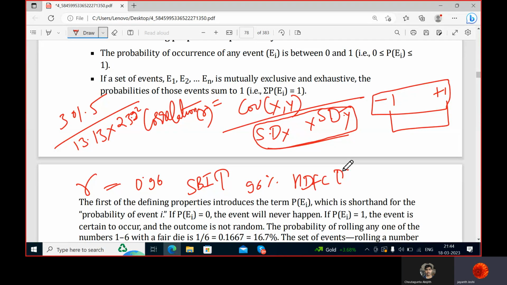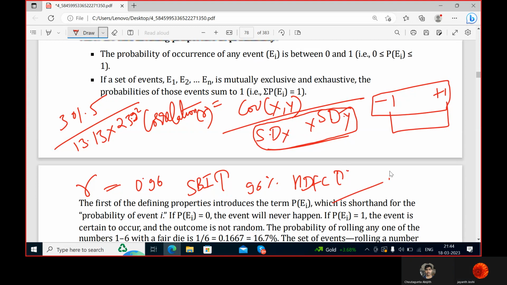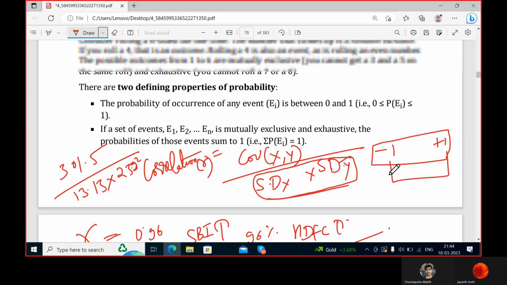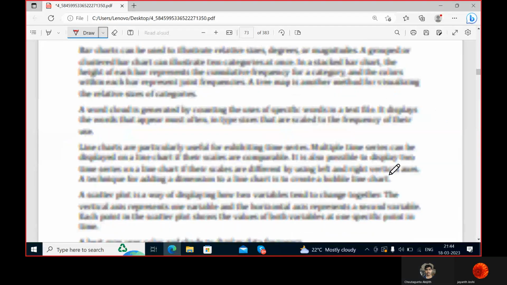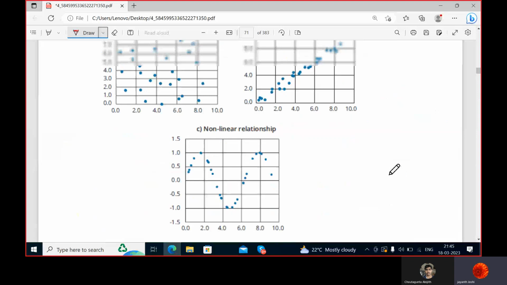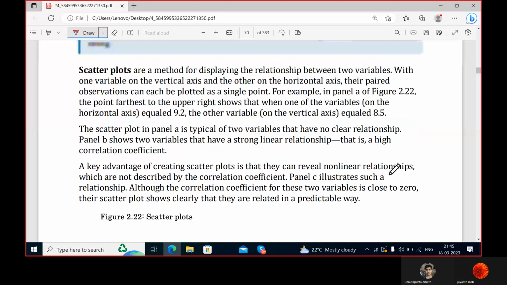So the covariance deficiency has been rectified through correlation. Finished? Fine. This is the end now. So 96% chance that if SBI increases, the HDFC would also increase.